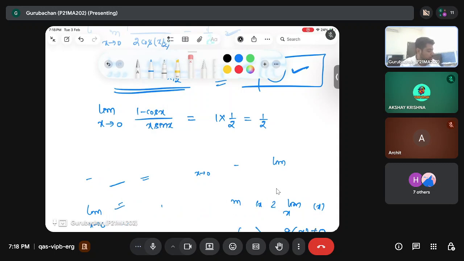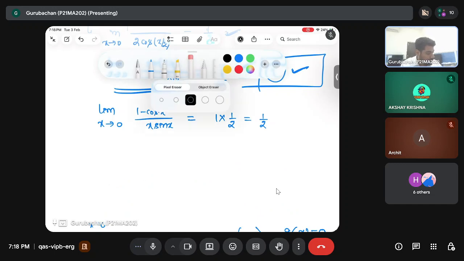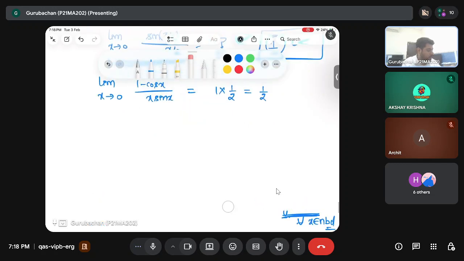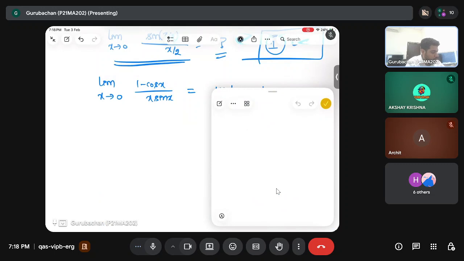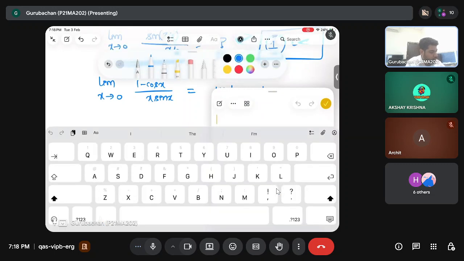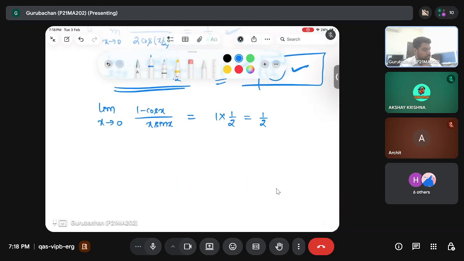So what about the third one? Limit x tending to -1 of (x cubed minus x squared minus 5x minus 3) divided by the denominator at x = -1. First of all, what is the denominator?